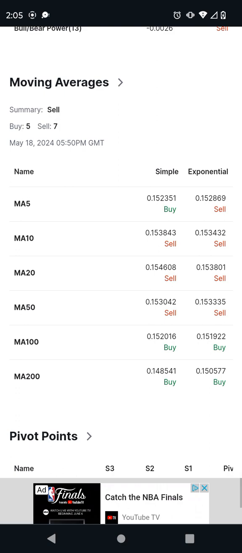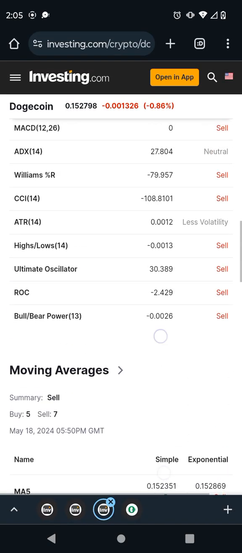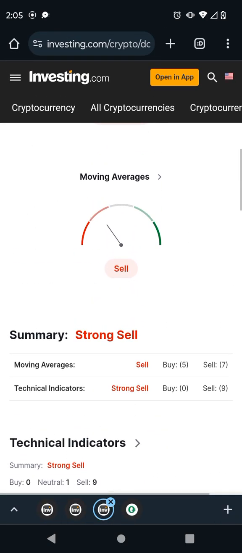When Dogecoin goes into 12 red, we're going to patiently wait for it to say right here on the moving averages, strong sell. That will indicate 12 red or on its way to 12 red. And then it's going to continue to push 12 red down until it's done oscillating.